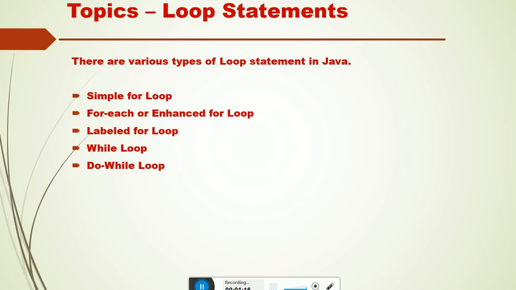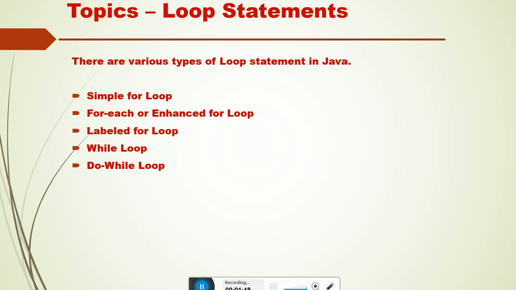So this type of control statement related to loops is supported by Java, and the objective of the loop construct is that you can eliminate repetition. With the help of these loop statements, you can write the instruction once and then execute it multiple times.